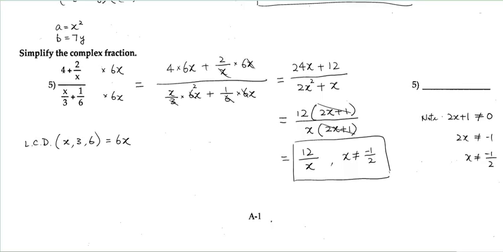Yes, we're supposed to. But why don't we bother to write down x cannot be 0? Because we still have an x down in the denominator. So it allows us to be a little bit lazy, because once people look at that 12 over x, they know x cannot be 0.